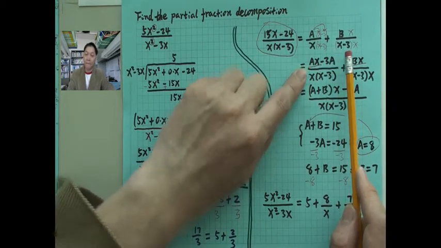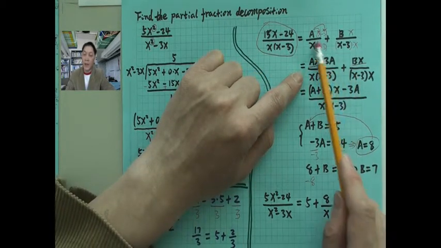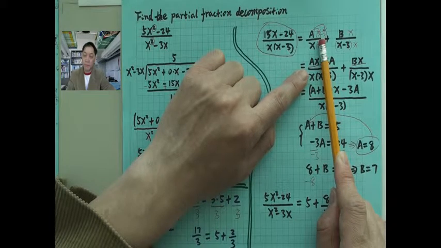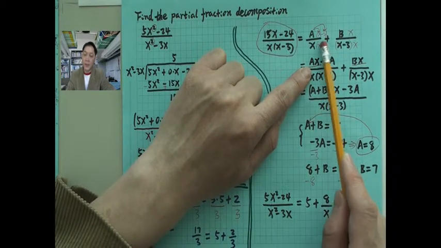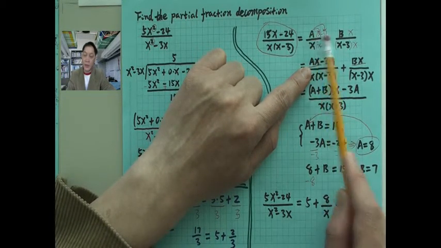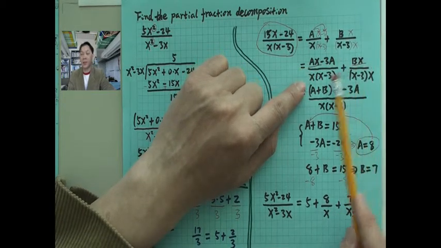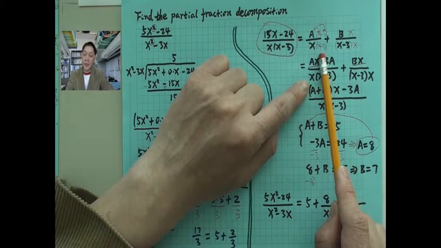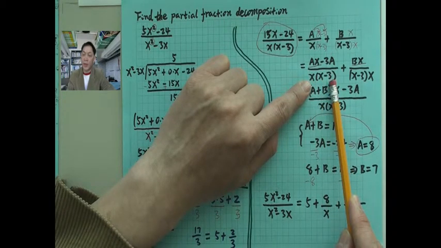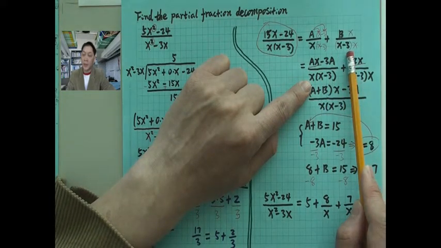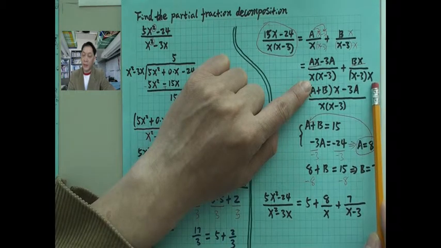Now A times x is Ax. A times negative 3 is negative 3A. B times x is Bx. Downstairs, x times x minus 3, you write it this way, and x minus 3 times x, you write it this way. They are the same.